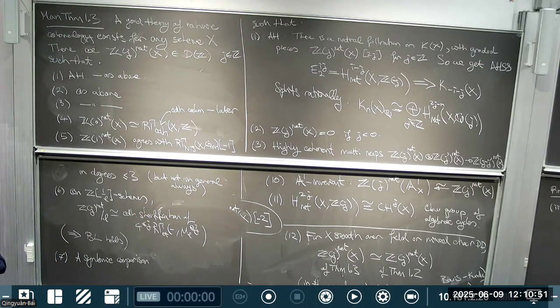In that case, your local ring would have some non-zero rational component appearing in K minus 1 or minus 2.